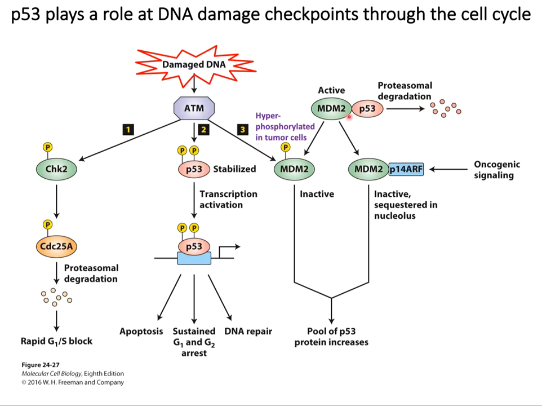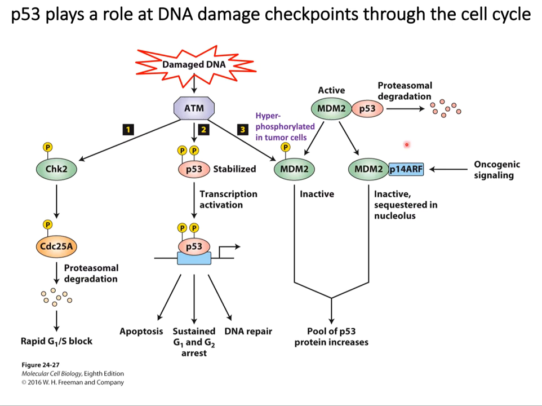The normal function of MDM2, when it is not phosphorylated, is to bind to p53 and mark it for proteasomal degradation. So this is why p53 is unstable. It's because the MDM2 protein binds to p53. But when MDM2 is phosphorylated, it cannot interact with p53. And so this contributes to the newly acquired stability of p53. You have this increased pool of stable p53.